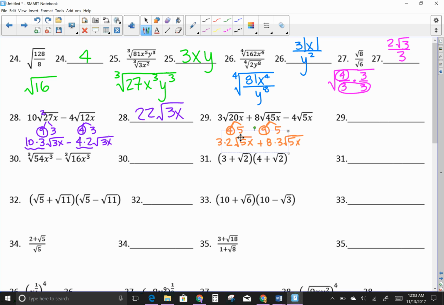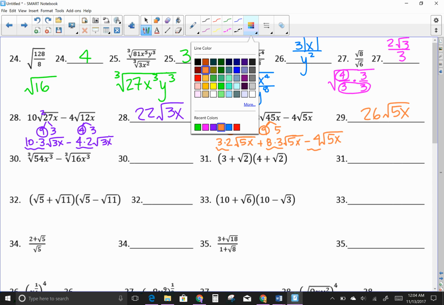Please make sure that your radical extends over the whole radicand, and then 4 times the square root of 5x. So I have 6 plus 24, which is 30, and 30 minus 4 is 26 square roots of 5x. Okay, and let's keep going.